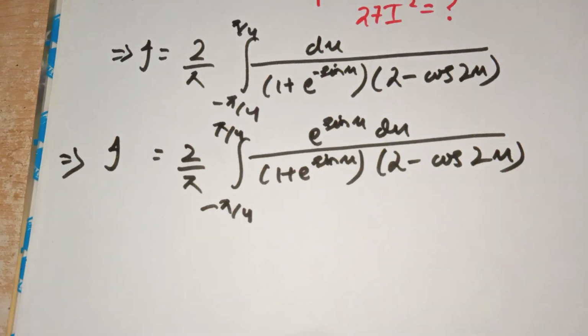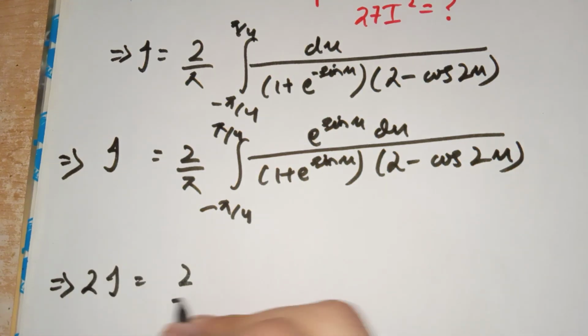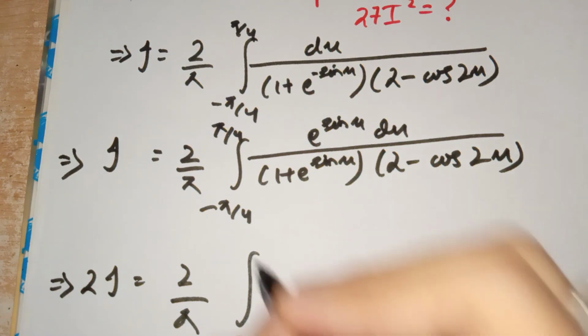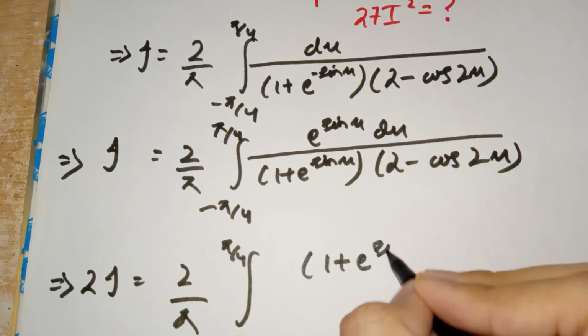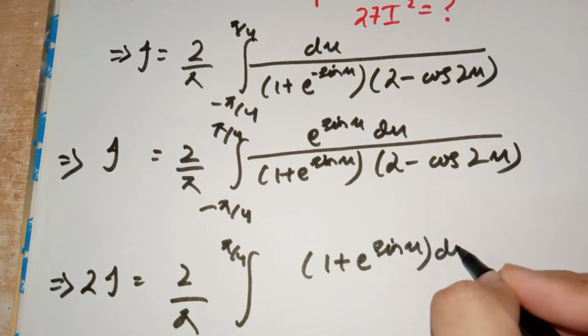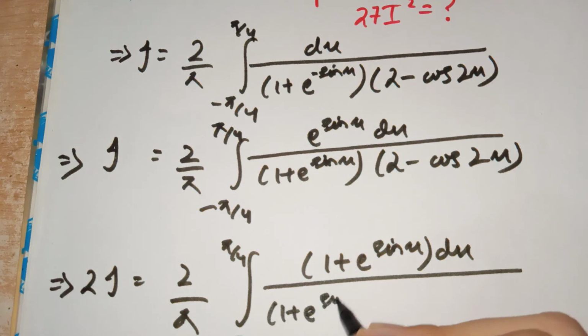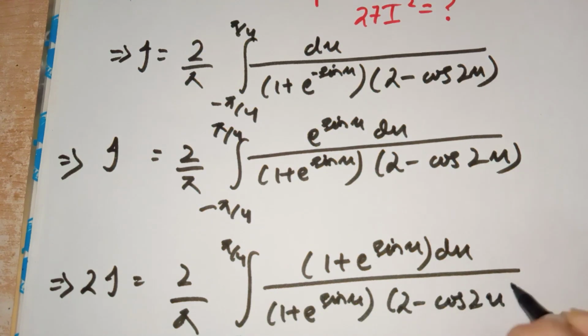So let's start. 2I is equal to 2 by pi, integral from minus pi by 4 to pi by 4, 1 plus e to the power sin x dx by 1 plus e to the power sin x into 2 minus cos 2x.